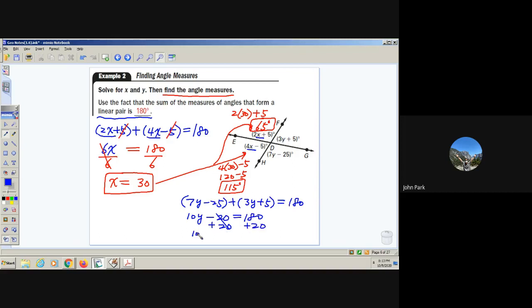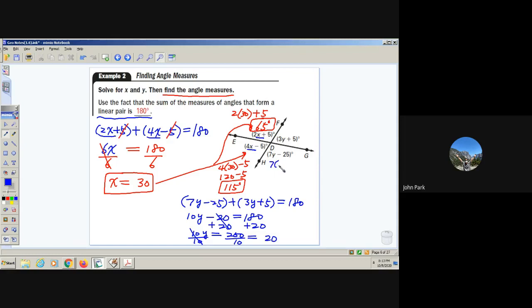Then you're left with 10y equals 200. You divide by 10 on both sides. 200 divided by 10 is 20, so y is going to be 20 in this case. Then you plug it in here and here again to solve for those two angles.